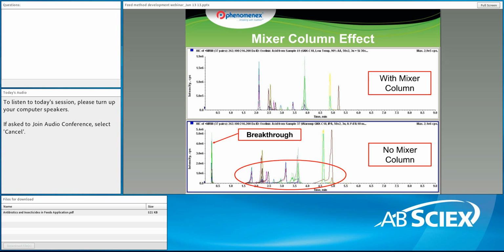One thing I should point out is the peaks elute a little bit later, about 20 to 25 seconds later, and that's because there is an added system volume in the chromatographic system, so that delays the chromatography a little bit.